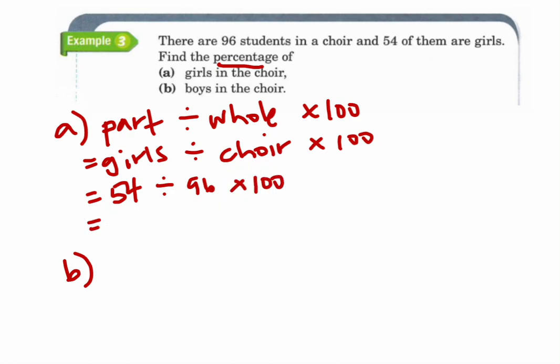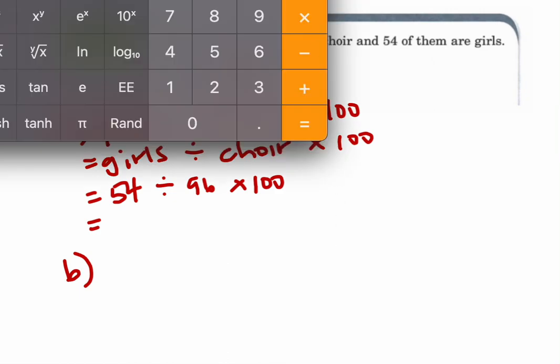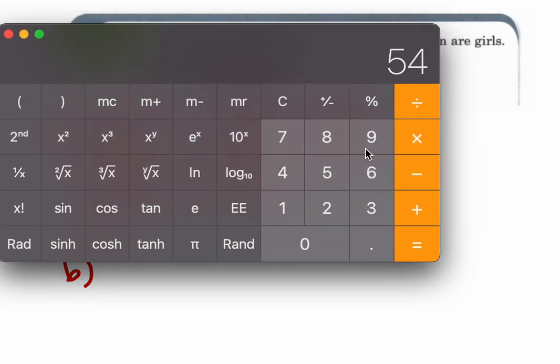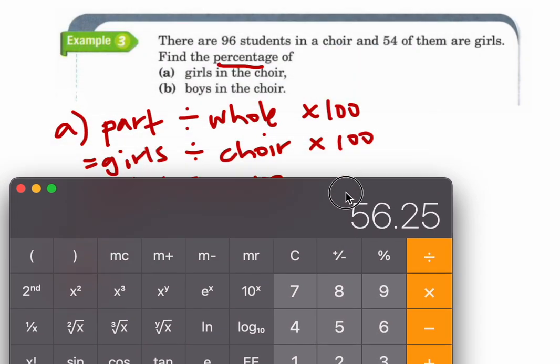So let me go ahead and do that. Okay, so 54 divided by 96 is equal to 0.5625. We still have to multiply by 100. And so we end up with 56.25.